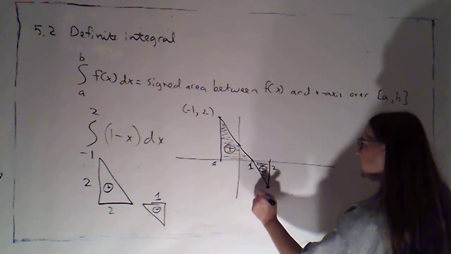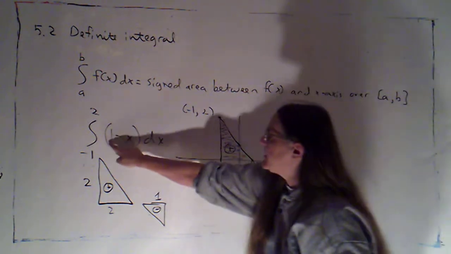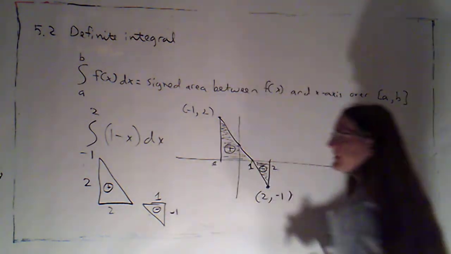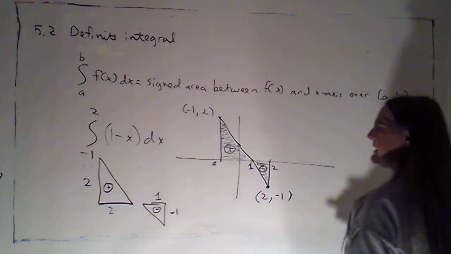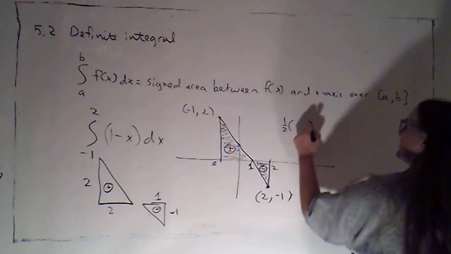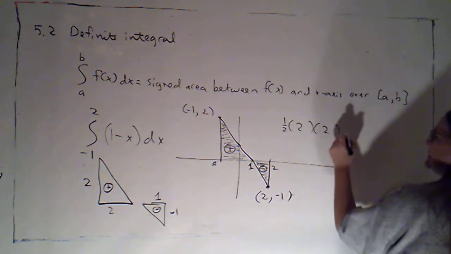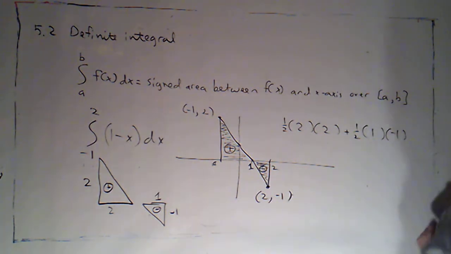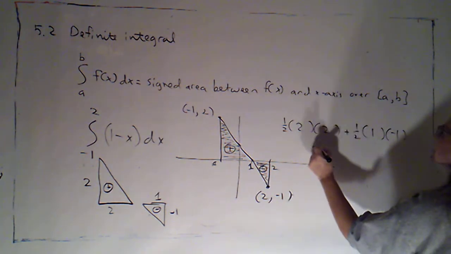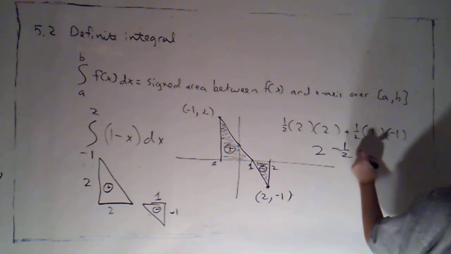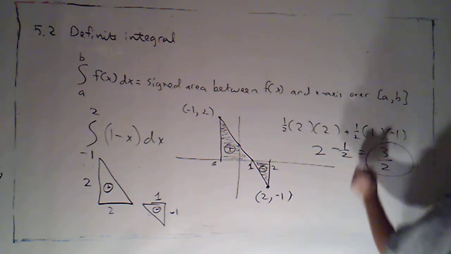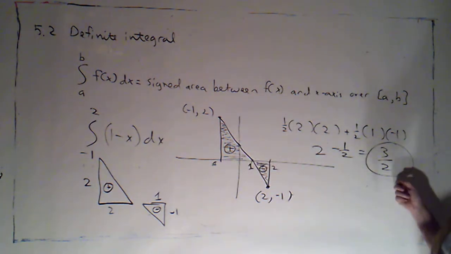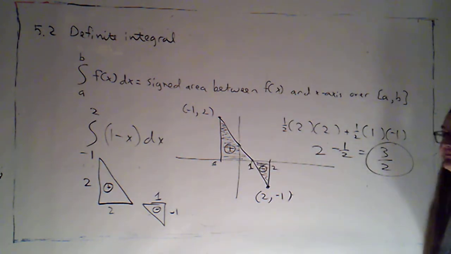The function value at this point would be 1 minus 2. It would be -1. So that's going to be my signed height. So I'm going to get 1/2 base times height plus 1/2 base times signed height, which gives me 2 minus 1/2, 3/2. So the net signed area that we have here would be 3/2.